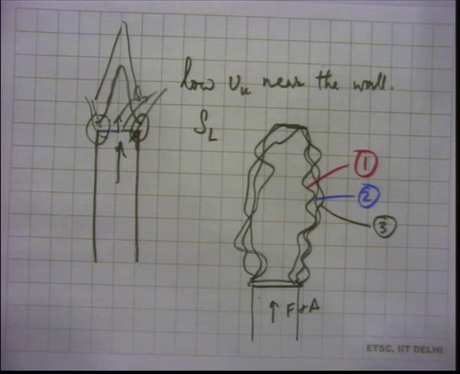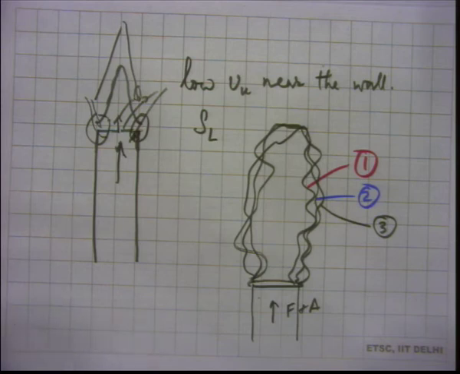So one way of looking at turbulent flames is that turbulent flames consist of laminar flamelets. One laminar flame fluctuates and changes into something else, and this is happening very rapidly. So we go from 1 to 2 to 3, like that, and this is all happening very rapidly.